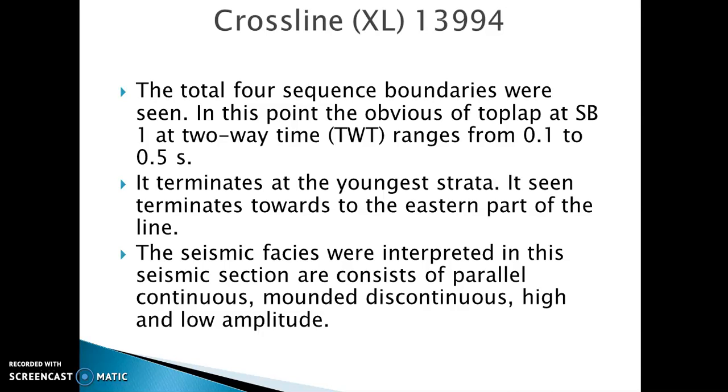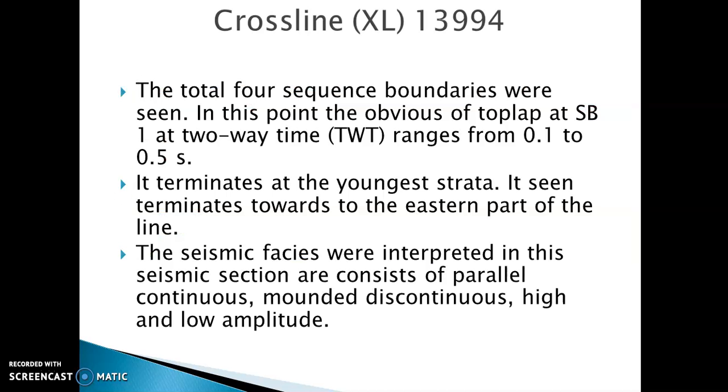It terminates at the younger strata towards the distant part of the line. The seismic facies interpreted in the seismic section consist of parallel continuous, mounded discontinuous, and high and low amplitude. This figure shows the whole seismic section of crossline 13994, which is 12 kilometers in length.